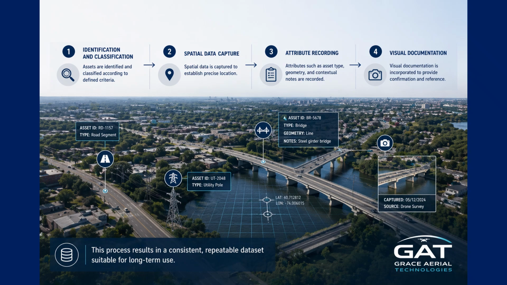Next, updates occur as infrastructure is built, modified, or removed. Validation ensures that these changes reflect accurately within field conditions and comply with internal standards. Ongoing updates maintain alignment between physical infrastructure and its digital representation, preserving accuracy over time.